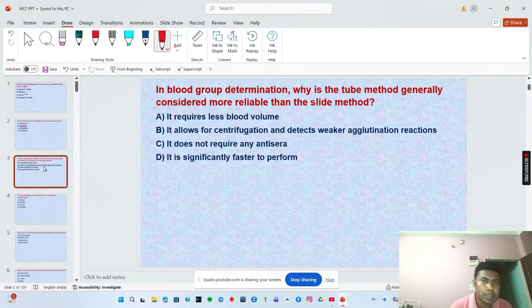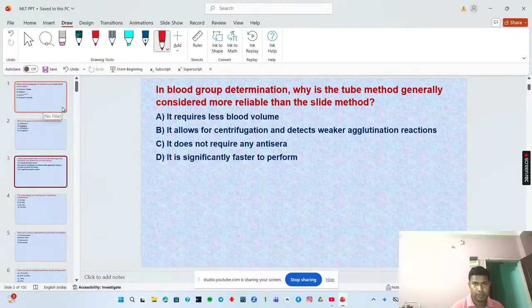Okay. Now next question. In blood group determination, why is tube method generally considered more reliable than the slide method? The answer will be option B: it allows for centrifugation and detects weaker agglutination reactions.